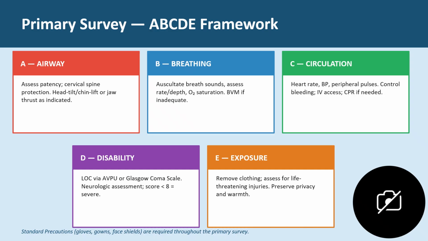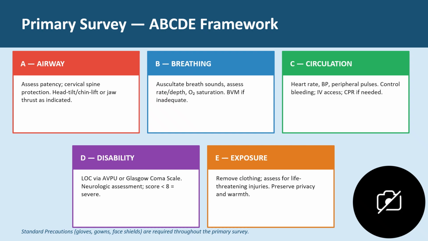We'll measure blood pressure, and also the peripheral pulses such as dorsalis pedis and posterior tibial, and control bleeding. To control bleeding there's a different protocol, but we also maintain IV access in the emergency to improve the circulation, and also perform CPR if needed.